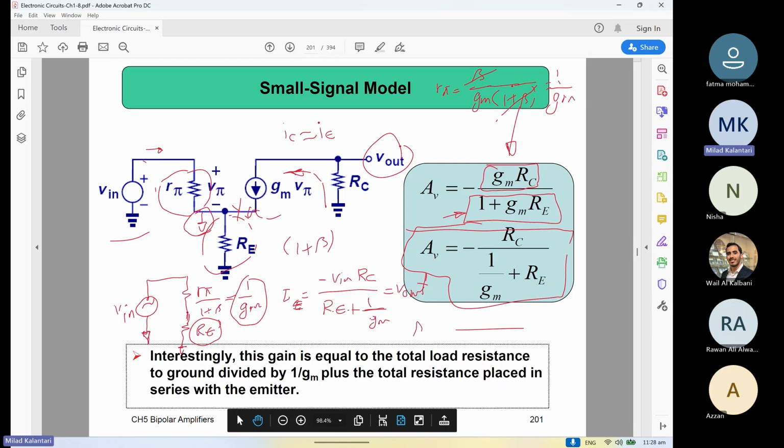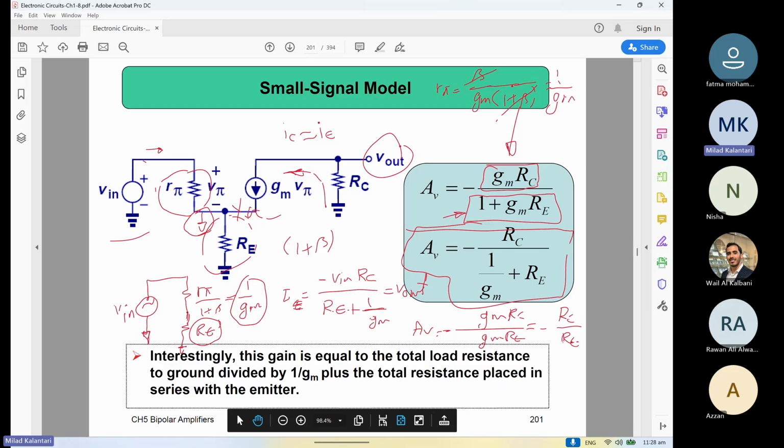Then you can simplify this gain, because we can skip the 1 plus 1 because GMRE is big enough, and then GMRC over GMRE. The gain would be just negative RC over RE. So basically it decouples the gain from the GM, right?